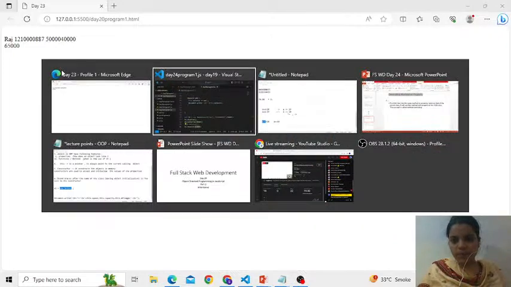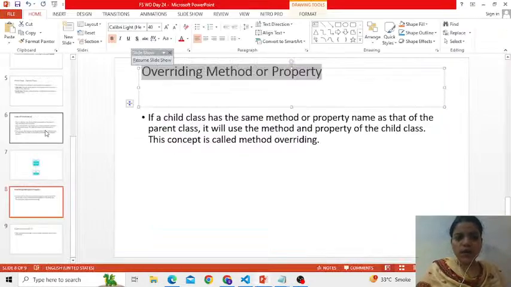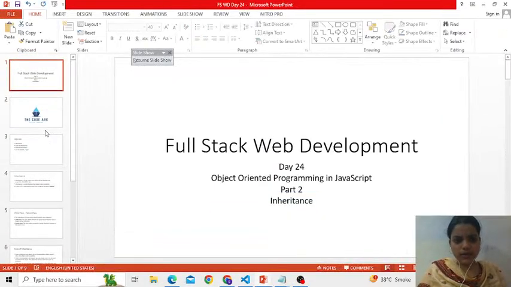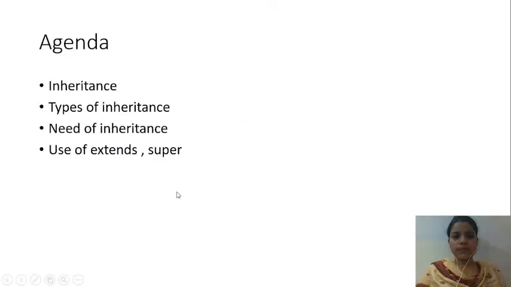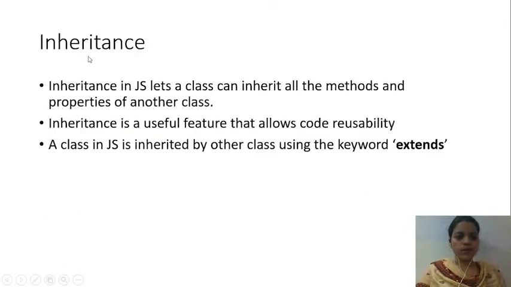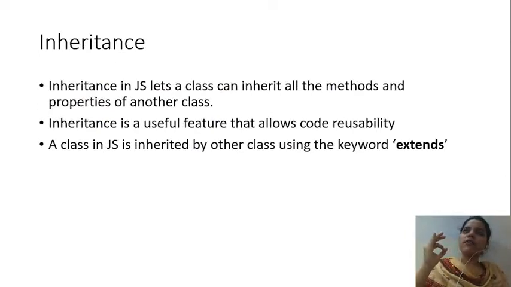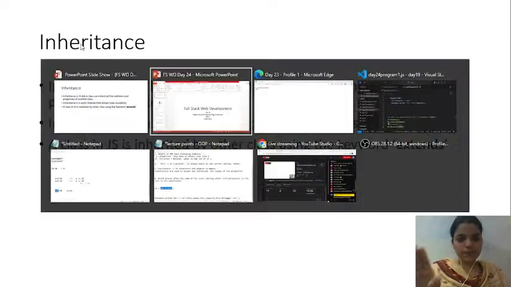Fine. Okay, people. What new we are learning today is this part. That is inheritance. Okay. What is inheritance? First of all, try to understand every object-oriented programming has 4 basic principles.